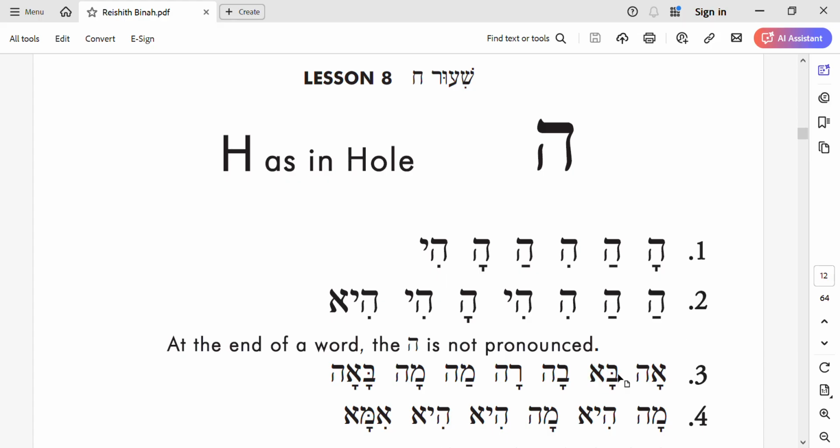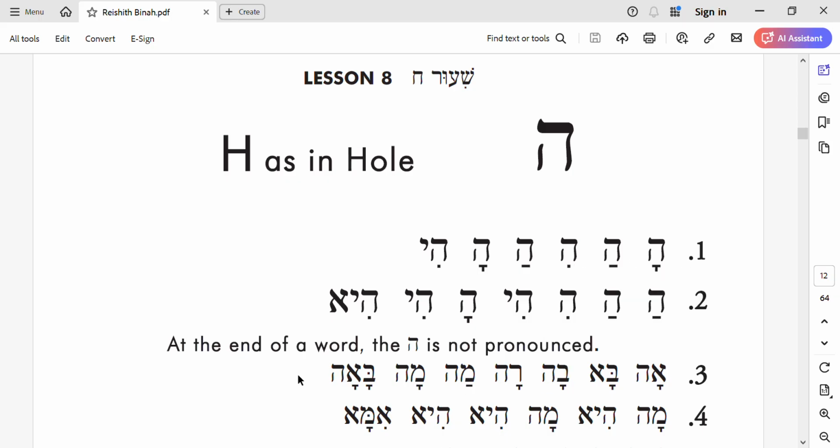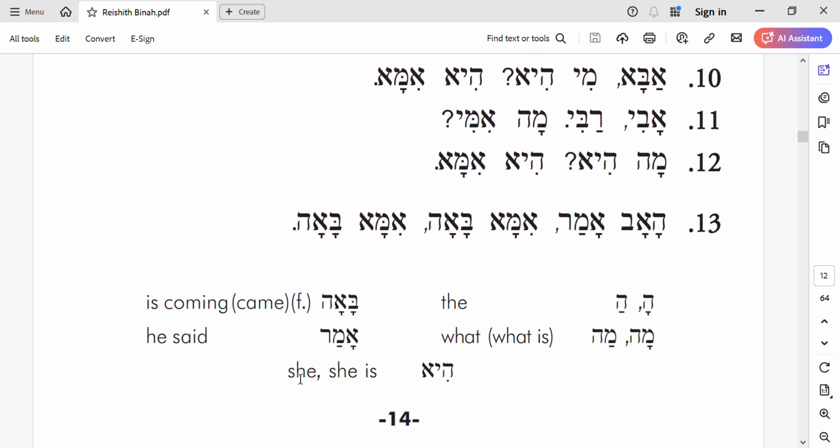But you will not be able to recognize what the word means, because to say is coming or came is ba. This is the way you write the word with the aleph at the end. So as we continue practicing the pronunciation, it's va, ra, ma, ba, ha. Okay, and so on and so forth.